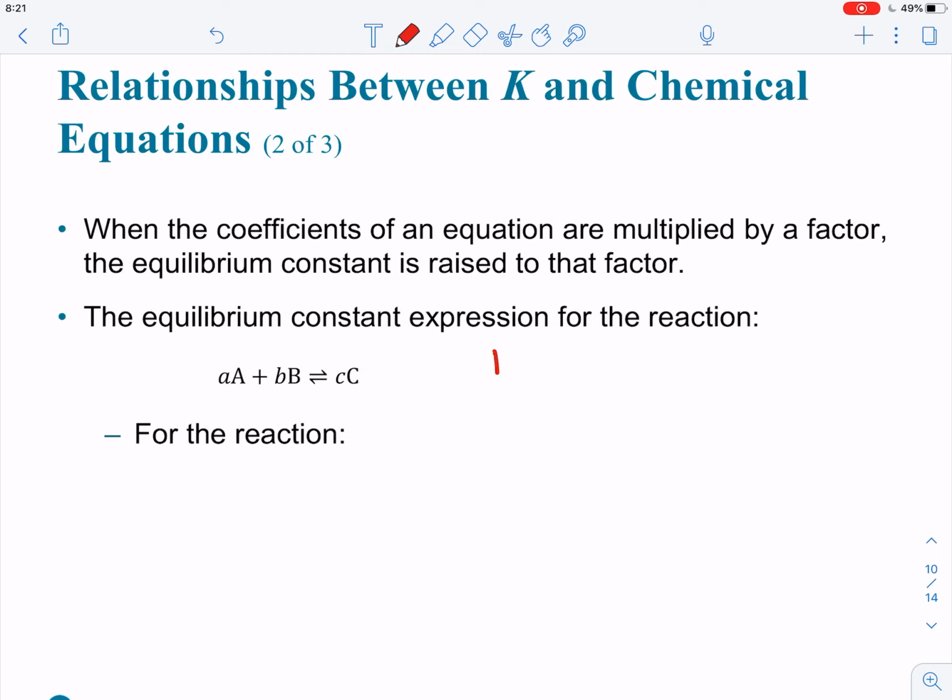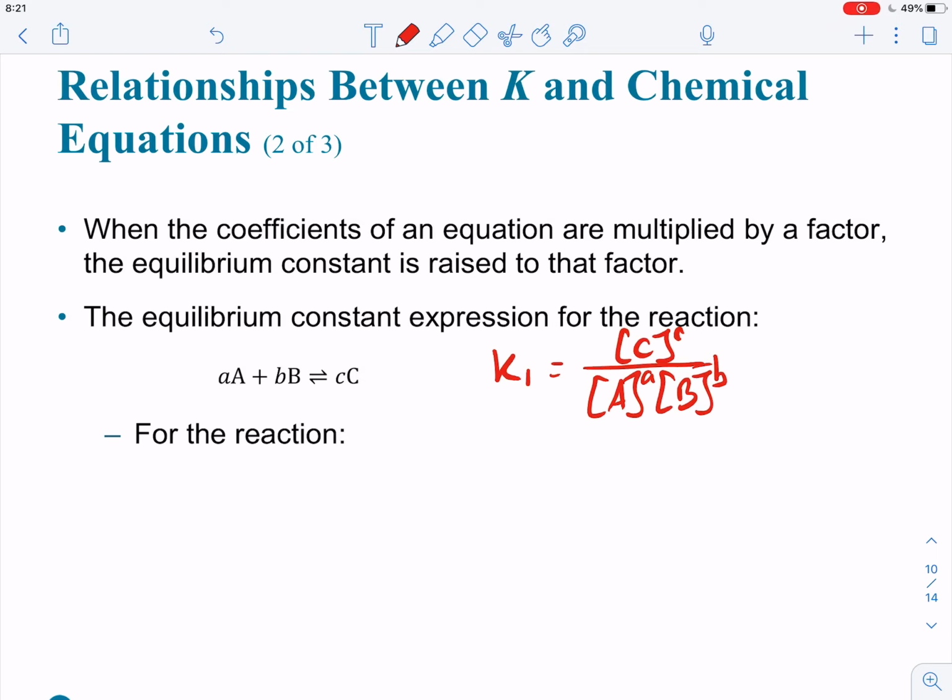So here the constant, let's call this K1. It's going to be equal to concentration of C raised to the power of c, concentration of A raised to the a, and concentration of B raised to the b. No surprises here.